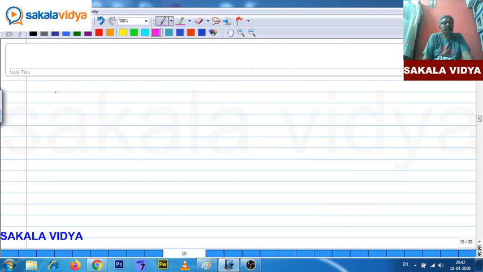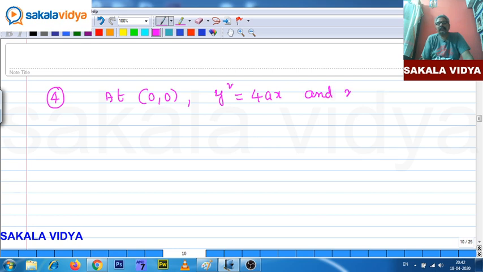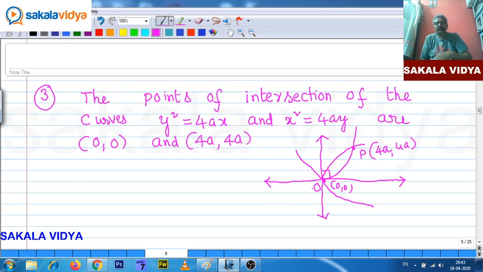So, fourth point, at 0 comma 0, y square is equal to 4ax and x square is equal to 4ay cut orthogonally. So, you can check once again. See, this is a tangent, this is also a tangent, the angle between them is 90 degrees.